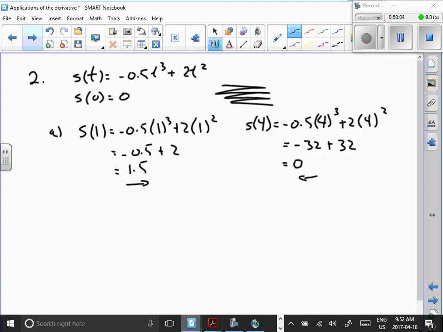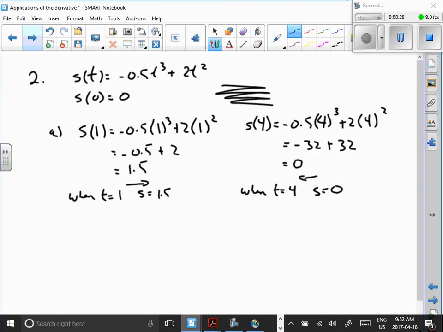Might have gone by that starting point 20 times. We don't know. So I'm just going to say here, when t equals 1, s equals 1.5, and when t equals 4, s equals 0.